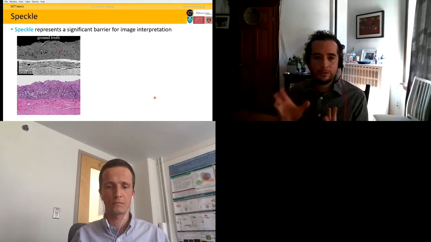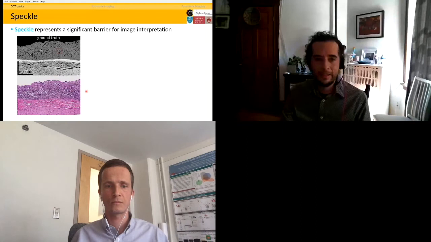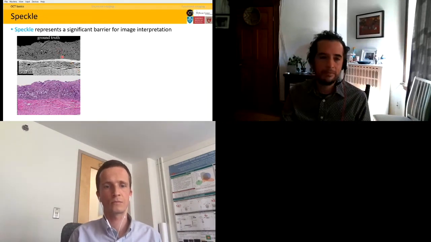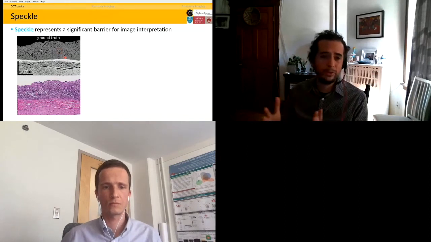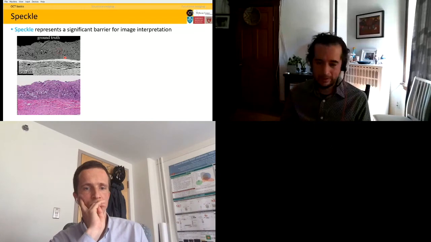To visually explain what speckle looks like, I created this simulation in which I used this piece of histology. And for the pathologists in the audience, I know this is not esophagus, but I just used this intestine H&E stain histology to manually create this ground truth for what esophageal tissue would look like in terms of scattering contrast in OCT.